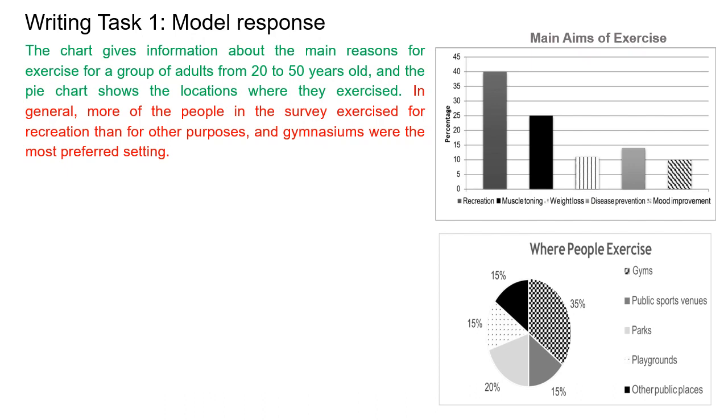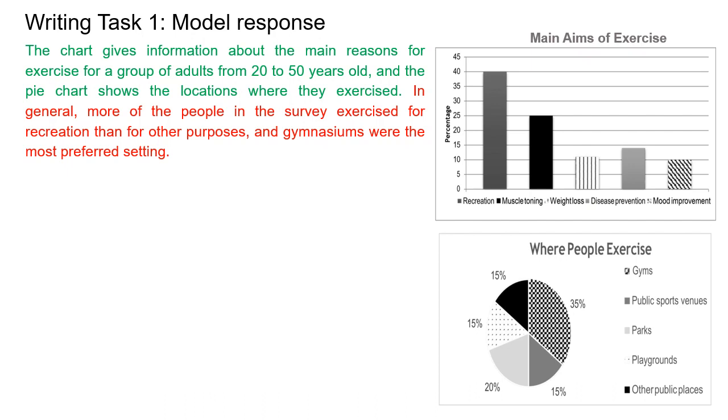purposes. Notice that specific numbers are not mentioned in an overview statement. For instance, even though it is known that the biggest number in the bar chart is 40%, it is not mentioned until the subsequent paragraph.